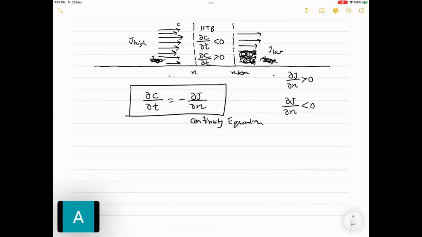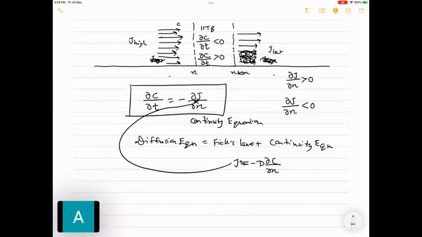Now what we have to derive is the diffusion equation. The diffusion equation is something you can obtain by combining Fick's law and the continuity equation. We already know Fick's law: J is equal to minus D delta C by delta X. I will put the value of J from Fick's law into this equation.